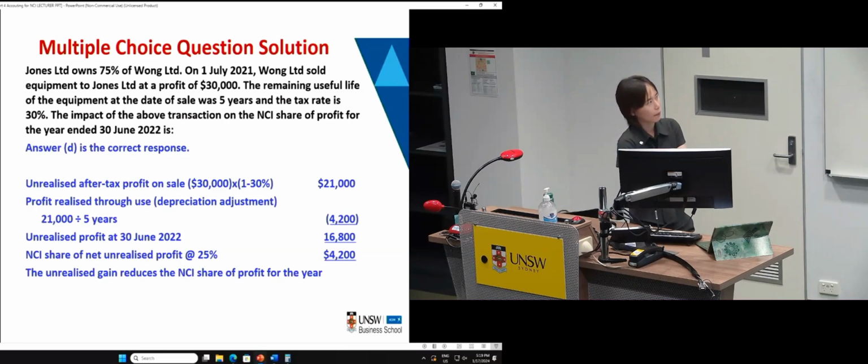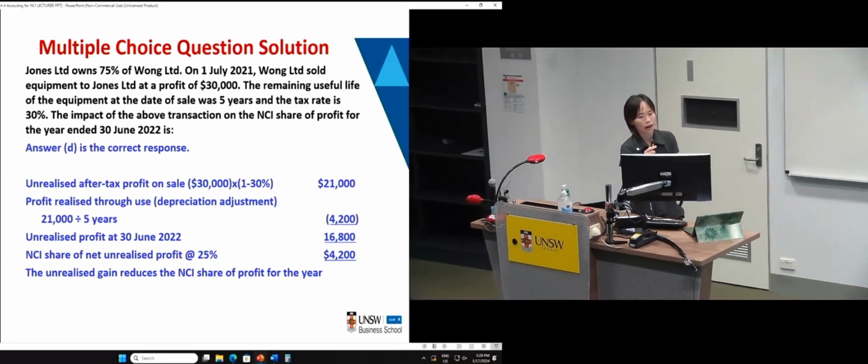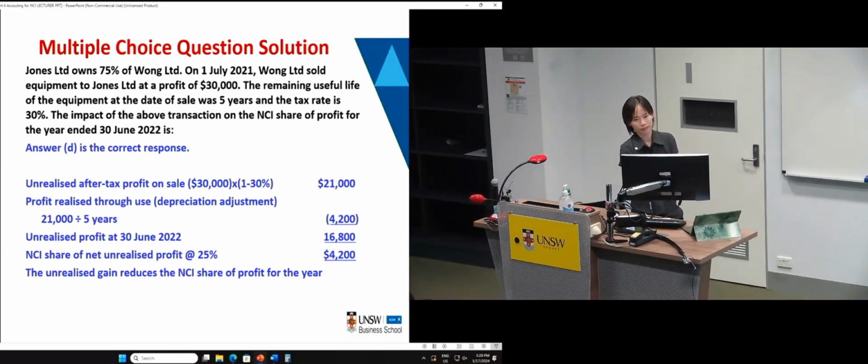If the seller is a parent, then you will have the same elimination entry to remove the impact of this intragroup transaction, but no NCI adjustment is required. Right. So you can see it is very important to identify the direction of the transaction first, if the question asks for the impact of this transaction on NCI. Okay. Now, in your second technical assignment, you don't need to worry about NCI. Okay. So we focus on elimination of the intragroup transaction only.